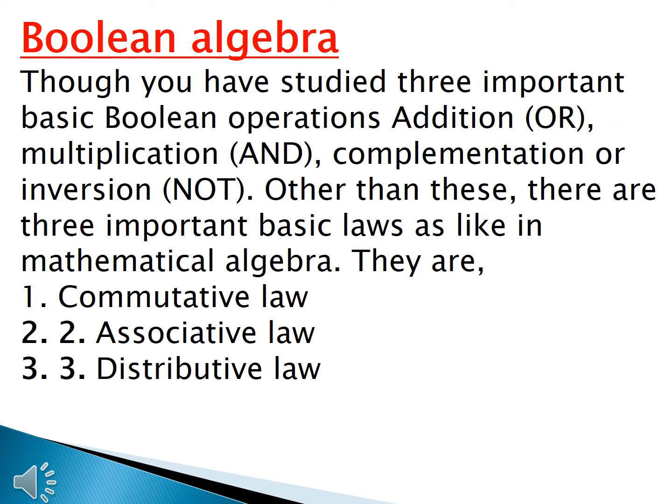Again we apply an OR gate, and it becomes A plus B plus C. The output is A plus B plus C, and A plus B plus C. These two are the same.